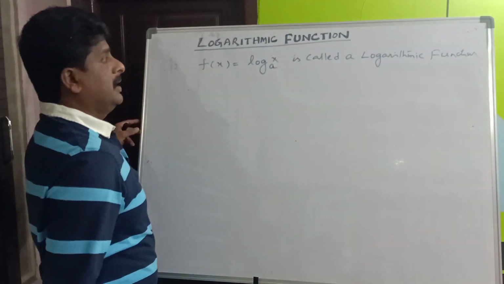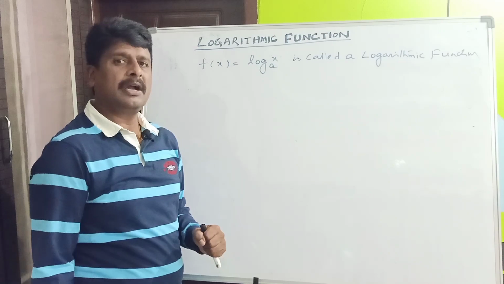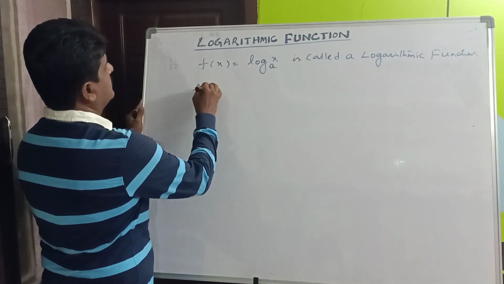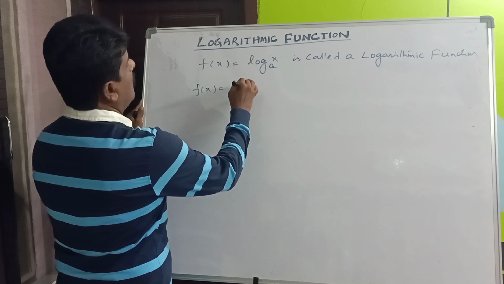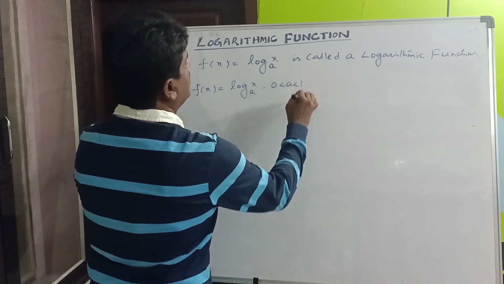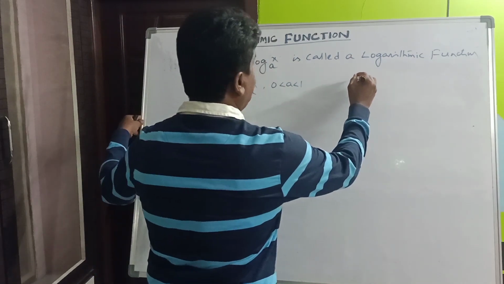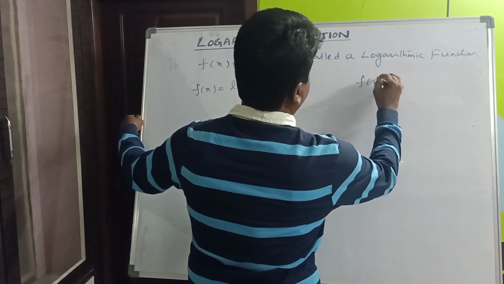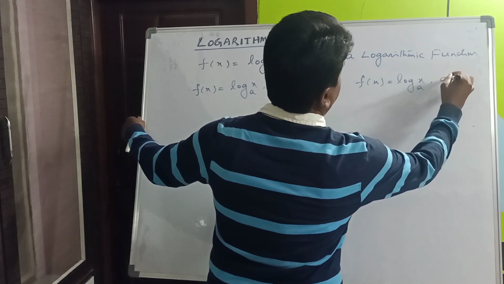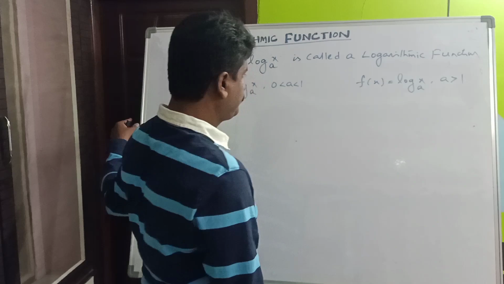Based on the base of a logarithmic function, here also there are two cases. One is log x base a where 0 less than a less than 1. The other one is f of x is equal to log x base a when a greater than 1.